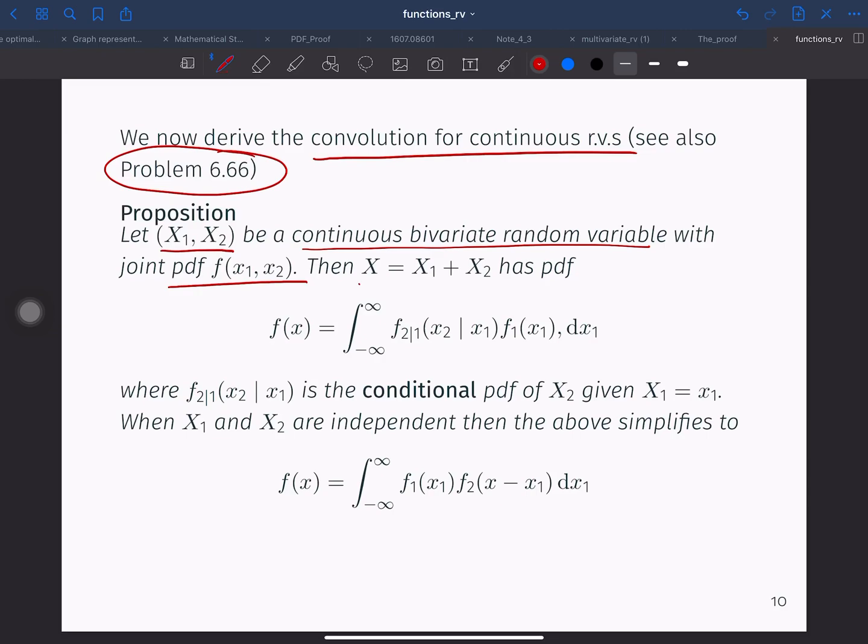Then the sum X1 plus X2 has a PDF that looks very much like the discrete case, just replace the sum with an integral. Here I integrate the marginal for x1 times the conditional for x2 given x1, where x2 is supposed to be x minus x1.